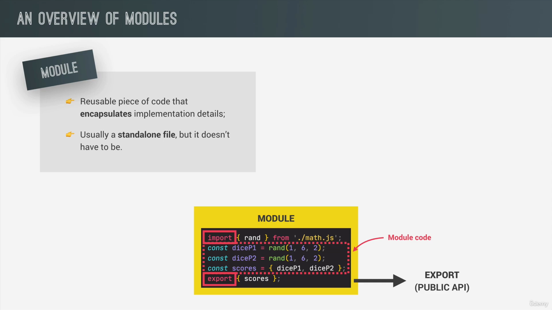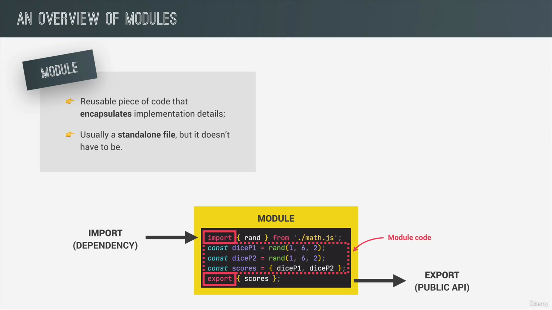So this is just like classes, where we can also expose a public API for other code to consume. Now, in the case of modules, this public API is actually consumed by importing values into a module. So just like we can export values, in modules we can usually also import values from other modules.